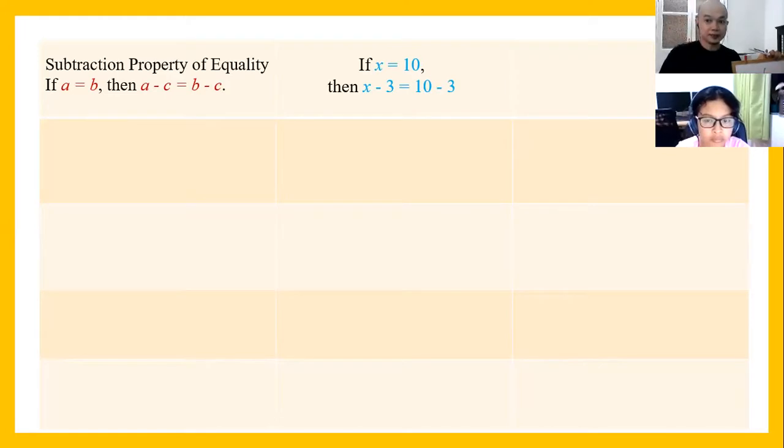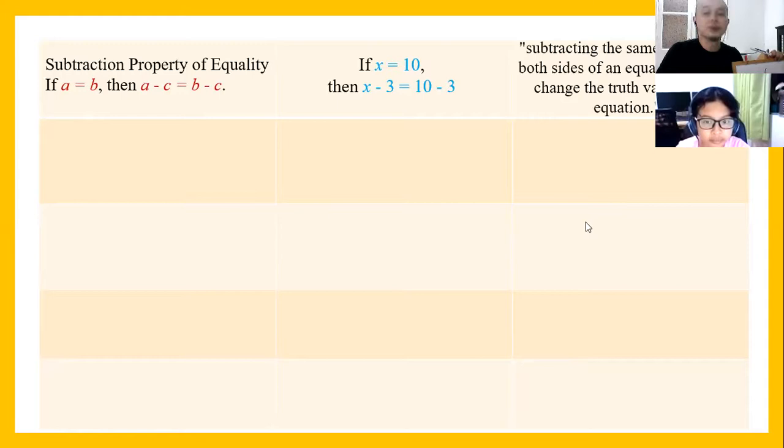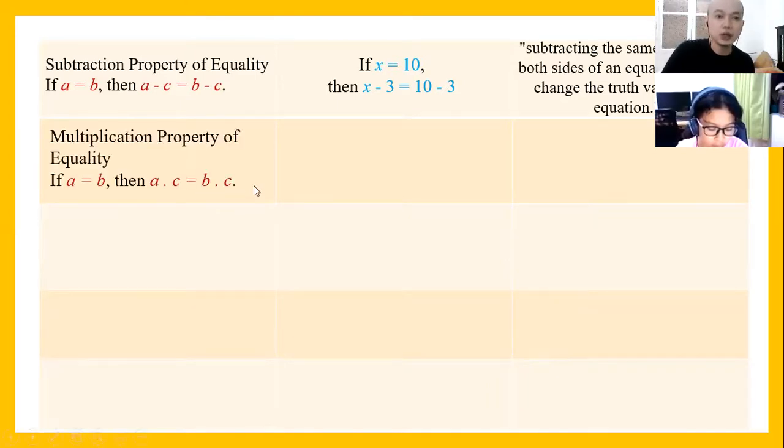Okay, Kristel, is it clear? Now it says there that subtracting the same value from both sides of an equation will not change the truth value of the equation. Okay, now there's also a multiplication property of equality.